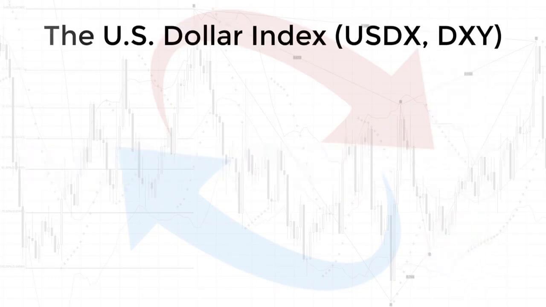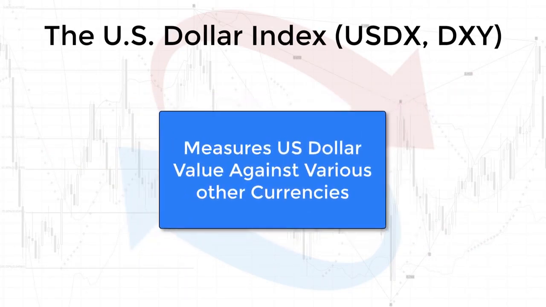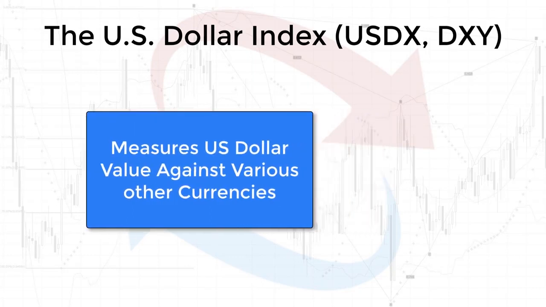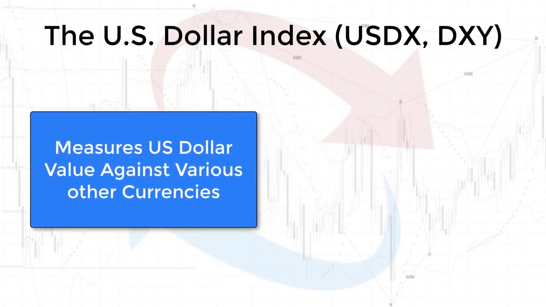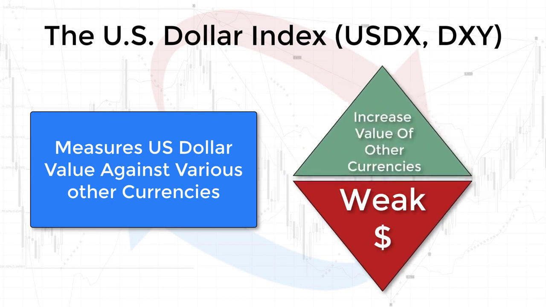The US dollar index is a measure of the value of the United States dollar relative to a basket of foreign currencies like the euro, Japanese yen, and the British pound. Most major markets are connected to the price of the US dollar. A falling dollar will increase the value of other countries' currencies, especially the euro currency.